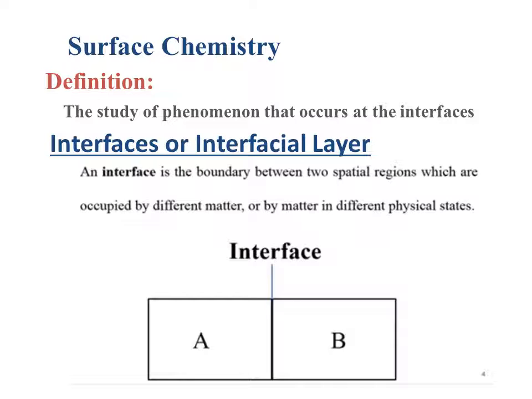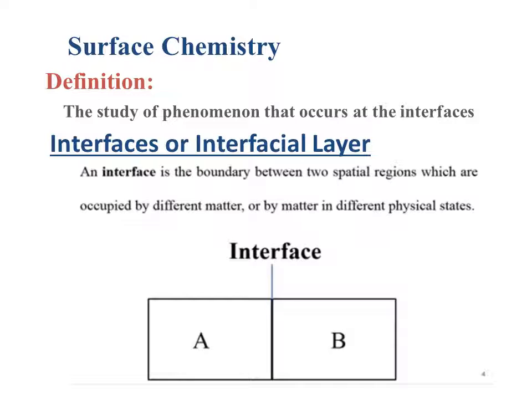The definition of surface chemistry is the study of phenomena that occur at the interfaces. It means that at the interfaces, whatever phenomena occur, the study of those phenomena is called surface chemistry. Now what are interfaces, also called interfacial layer?